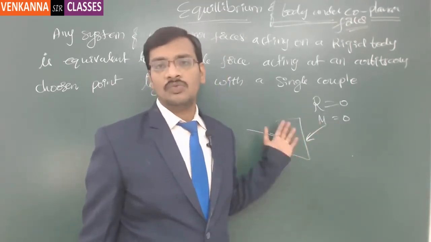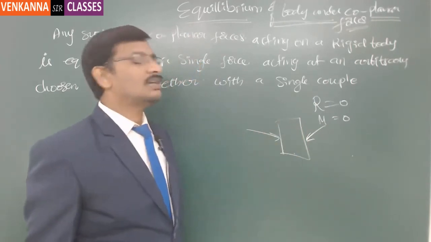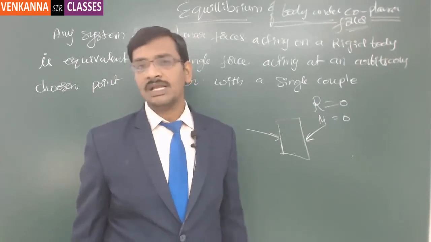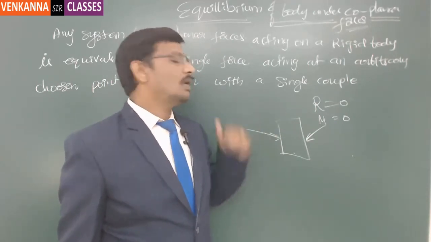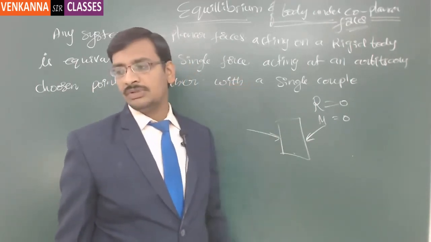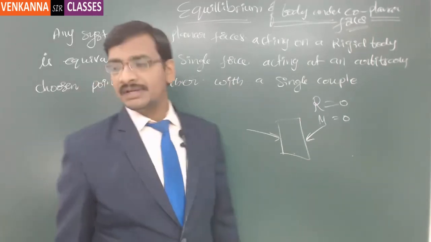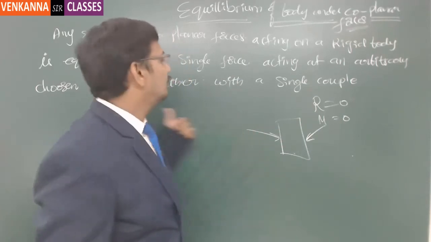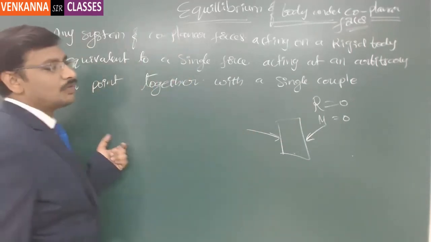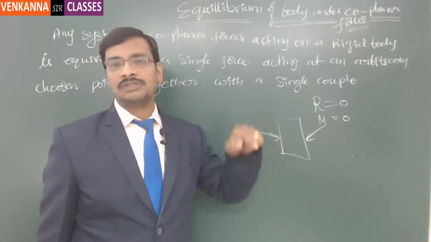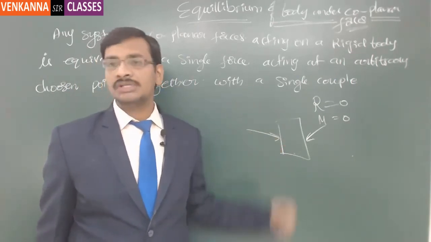To clarify the confusion on that, there were certain theorems that got derived. So one theorem is this one: any system of coplanar forces acting on a rigid body can be brought into a simple form, a single force acting at a single point along with a couple. So this is how you can derive it.